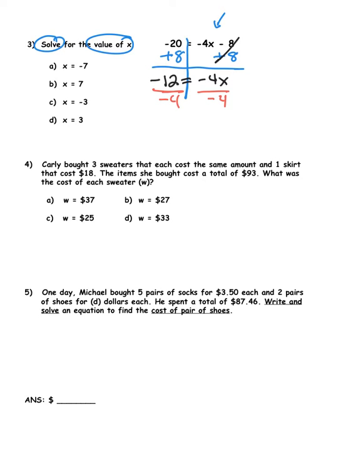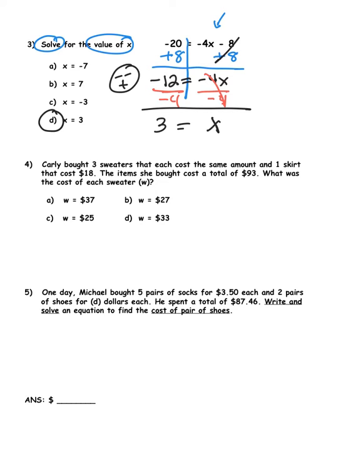So I'm going to divide by a negative 4 on both sides. This cancels out here, leaving me with what we requested to find, x. And on the other side, a negative divided by a negative is a positive, so this would be positive 3. And I see the answer right here is answer D.